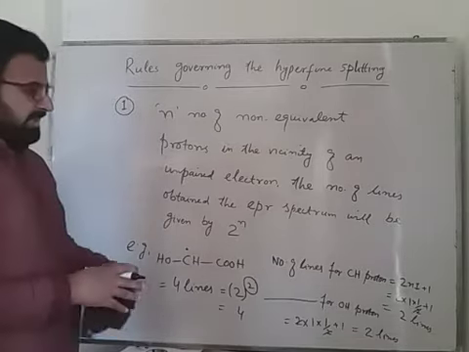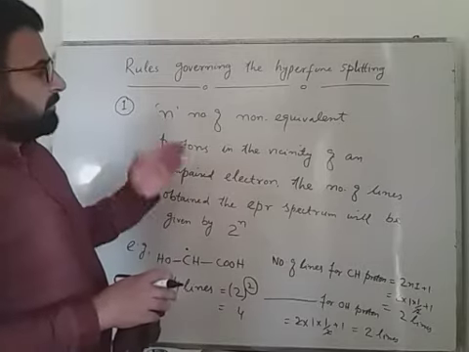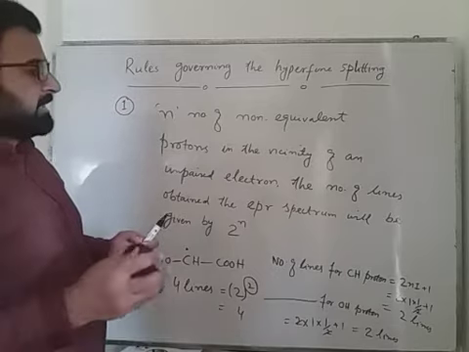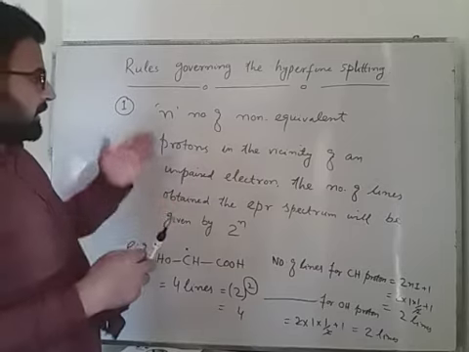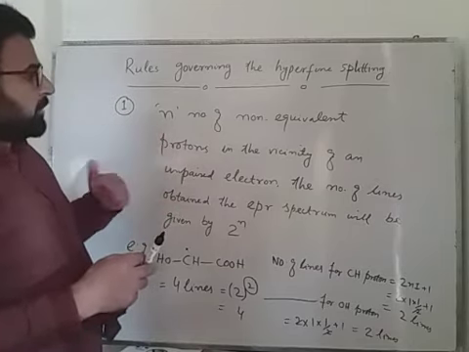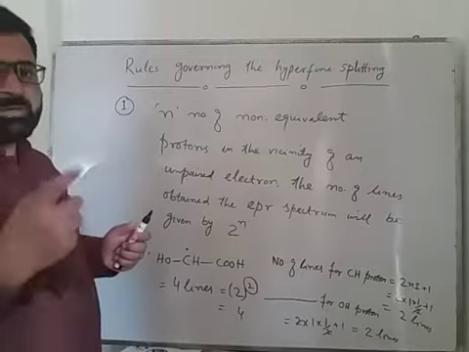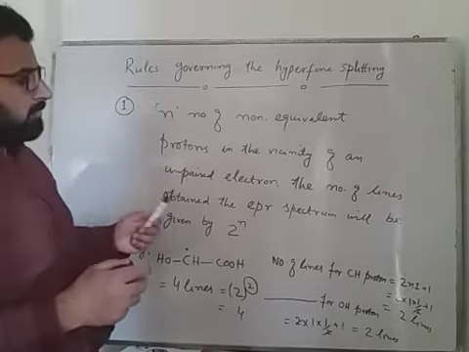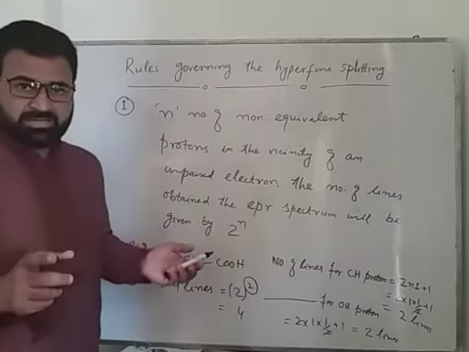So this is the first rule: if there are n non-equivalent protons on which the unpaired electron is delocalized, or in the vicinity of which it lies, then the number of lines obtained in the EPR spectrum will be given by 2 raised to power n.